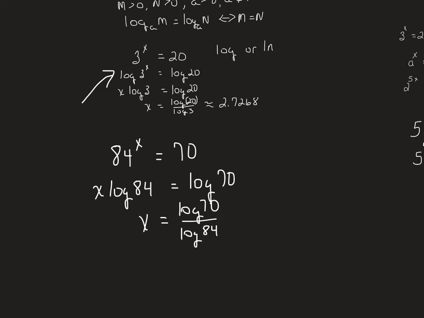If we put it into the calculator, we get that that is approximately, and remember, close the parenthesis in the numerator before you put in the division sign, 0.9589, or 0.959.